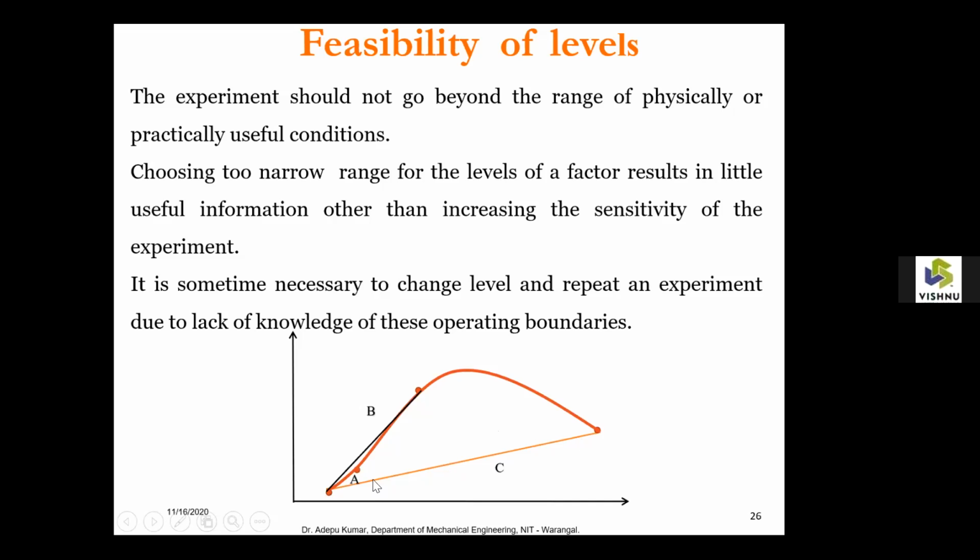So this is now the economical range. If you want to see the global optimization, this is my economical range. If you are not looking for the global one, this is your economical range.